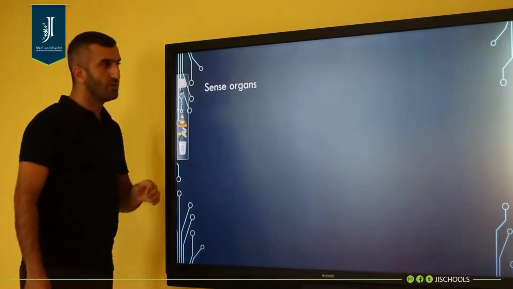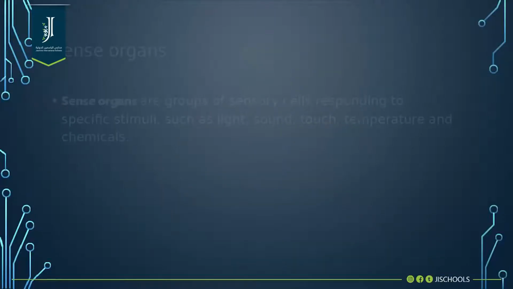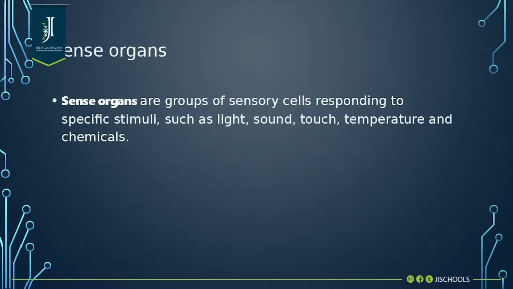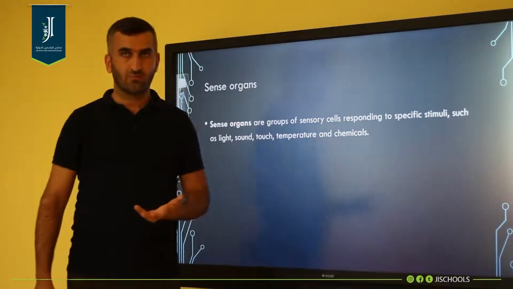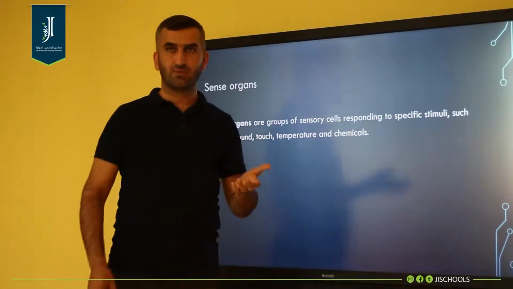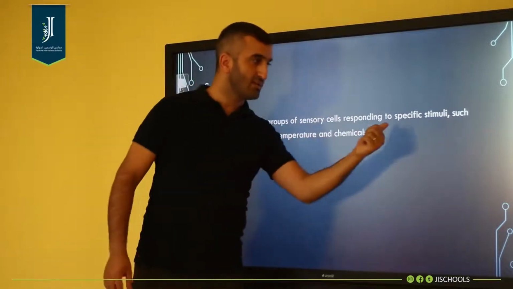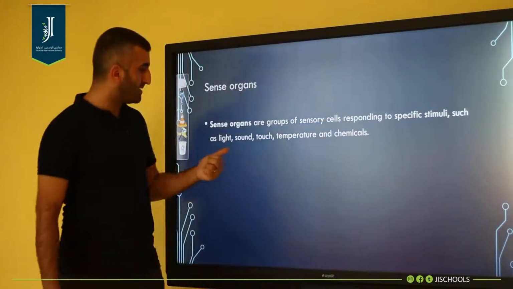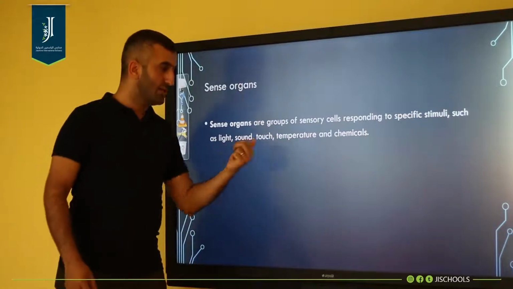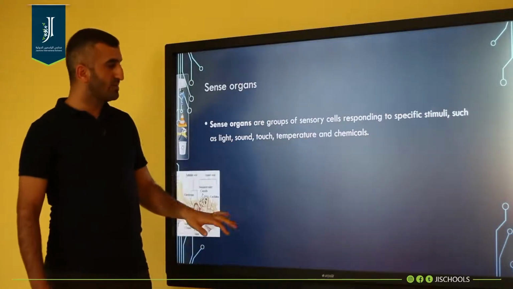Now, we were talking about the sense organs. We mentioned that receptors are found in the sense organs. Sense organs, in general, are sensory cells, or let's say areas that have cells which have receptors that can detect specific stimuli. Different types of stimuli like light, touch, or temperature, chemicals in general.